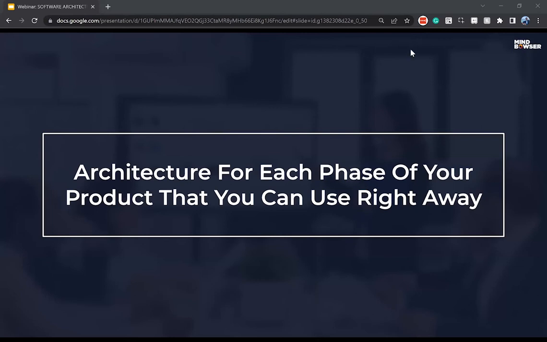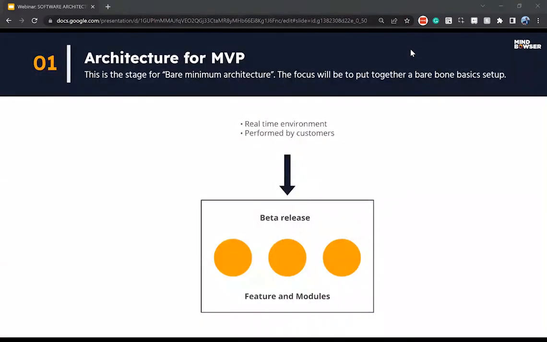So I'll move to the next slide where we'll be speaking more about the MVP, the bare minimum architecture, that word that you used. Can you explain a bit at a low level how exactly it is planned in your case or in some of the products that we built, and how one should plan as well in their journey?